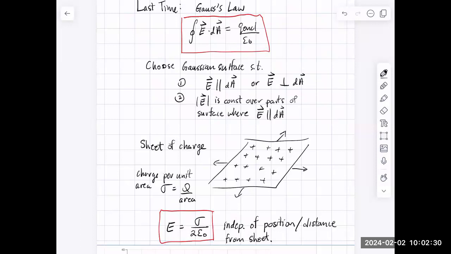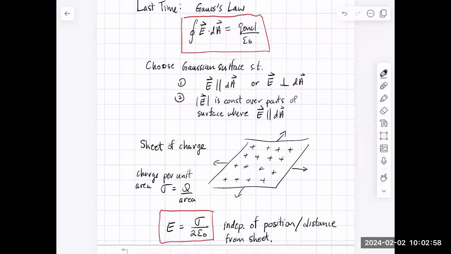When the electric field is perpendicular, we get the maximum flux, and E dot dA can just be written as E times A, which gets rid of the dot product. When the electric field is parallel to the surface, it contributes no flux, and that contribution just vanishes. So we try to make those choices to get rid of the vector part of this expression.